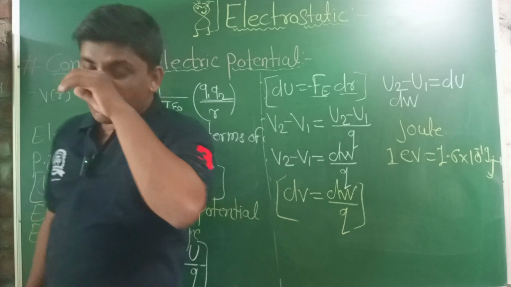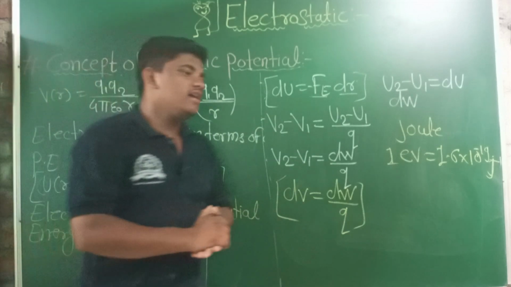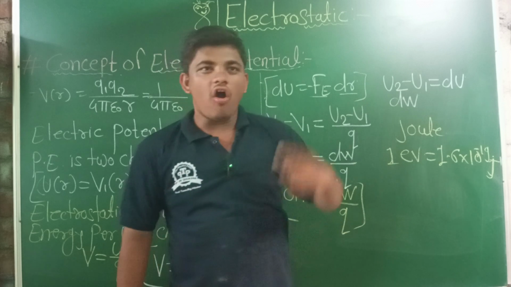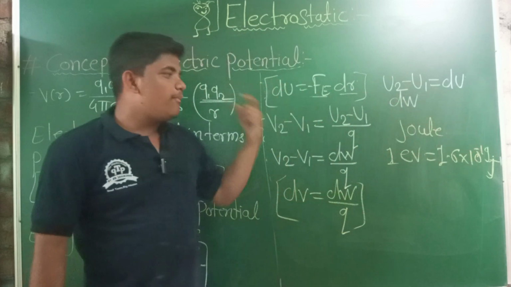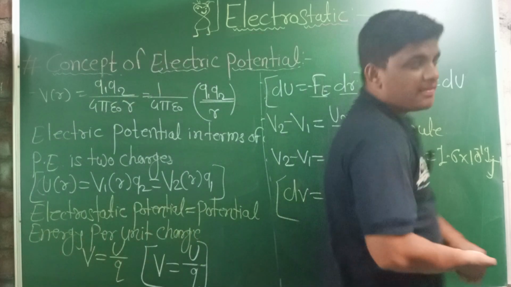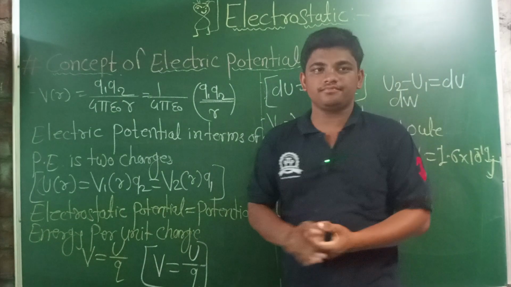The electric potential at any point in the electric field is defined as the work done in bringing a unit charge to that point in the electric field against the direction of the electric field intensity.